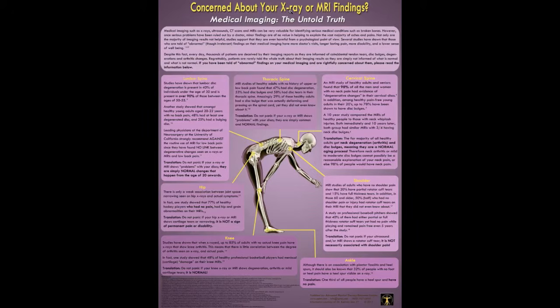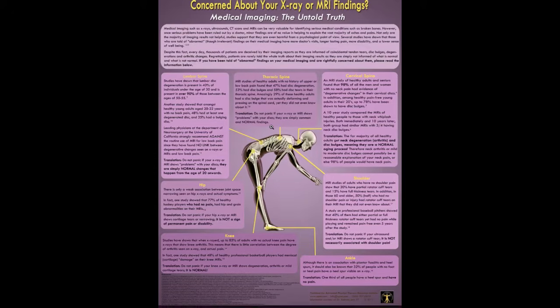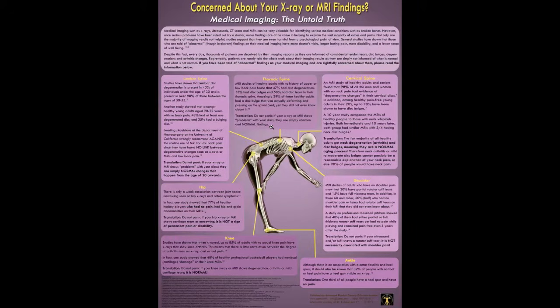Concerned about your X-ray or MRI findings? Medical imaging: the untold truth. There's a lot of little text on this, which I know you're not going to be able to read, but I just want to point out some things. This is the lumbar spine, where a lot of people have problems.